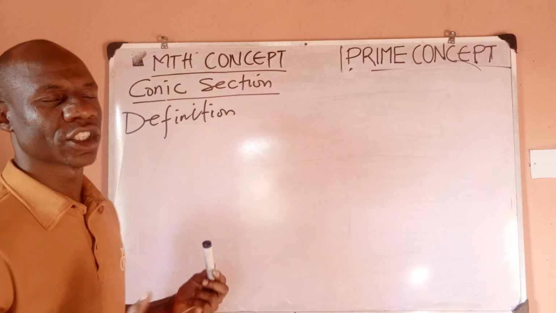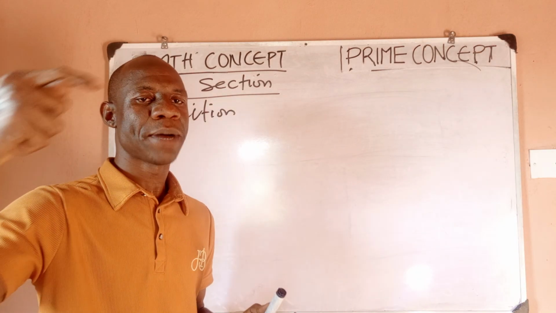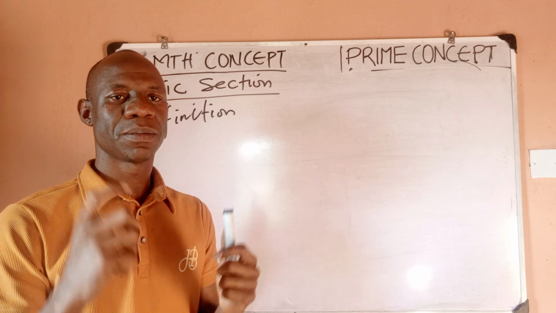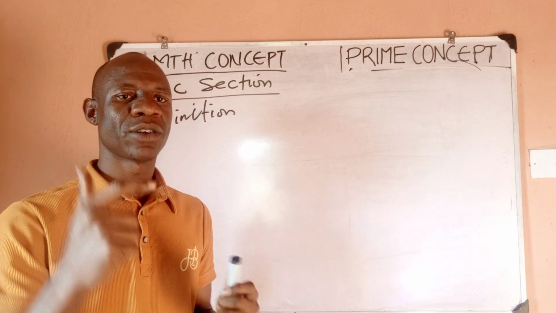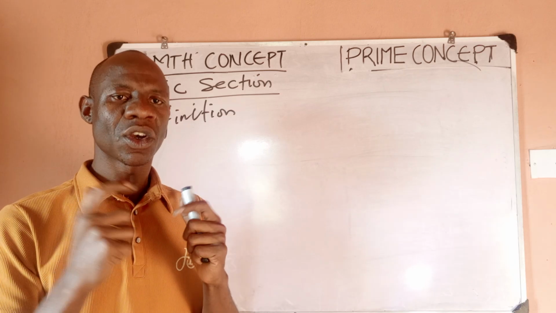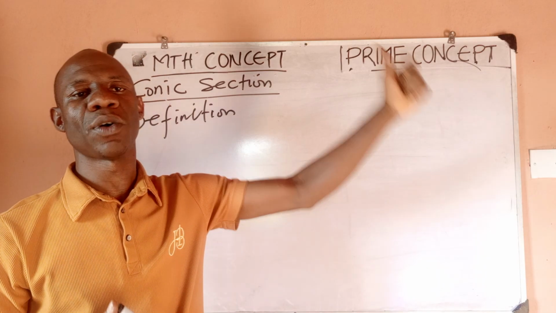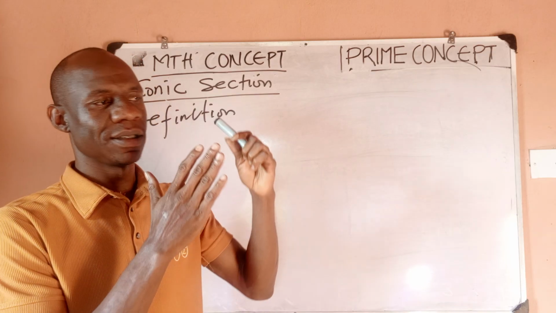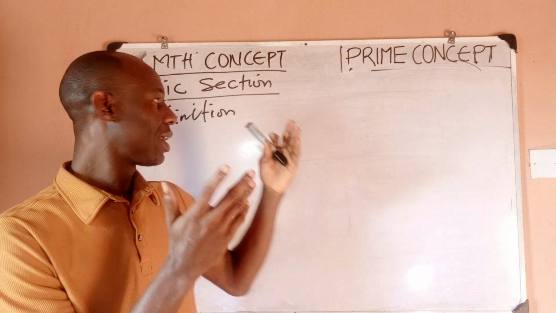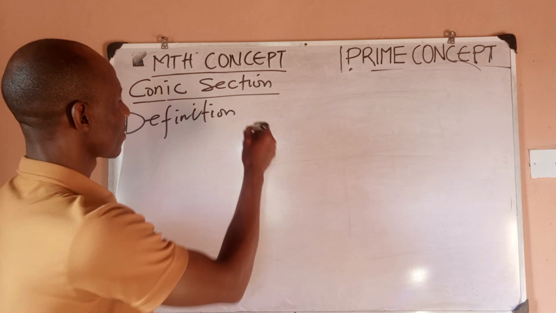A conic section is a path traced out by a point, or we can say a curve traced out by a point such that the distance from that point to a fixed point is in the ratio, or let me rephrase.